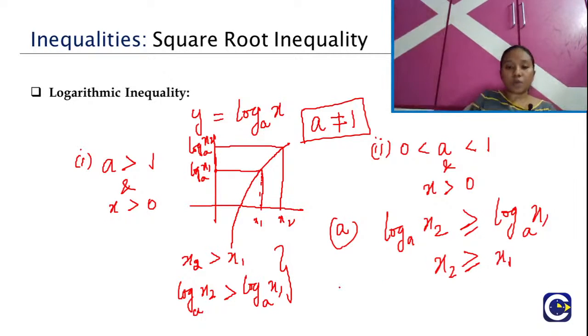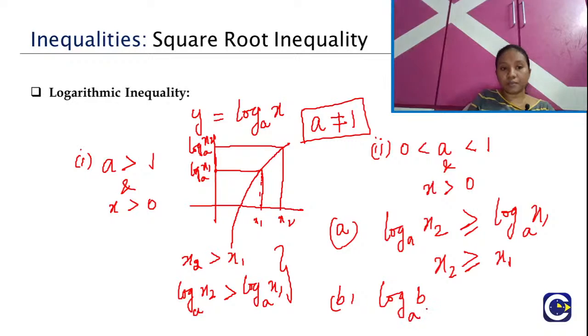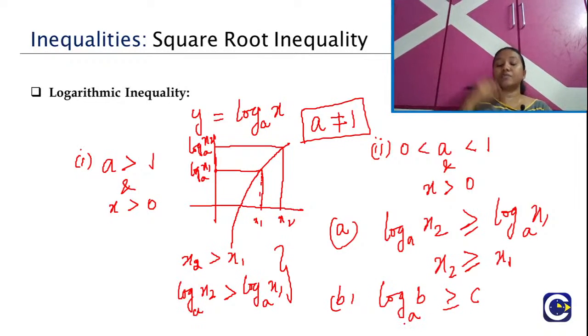Right. So there is one more case. That is, if I have log b to the base a greater than or equal to c. Even in this case, if my base is greater than 1, then I can rewrite this as b greater than or equal to a power c. So even for this case, my inequality won't be changing.